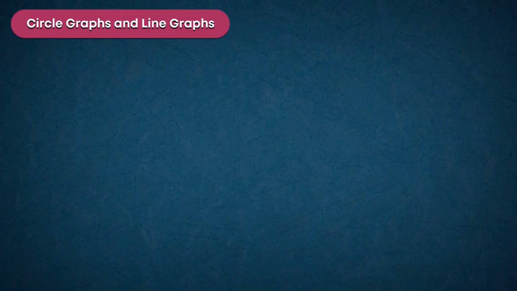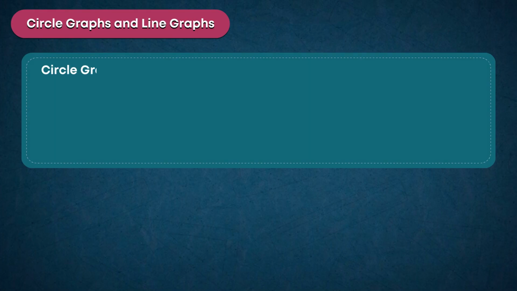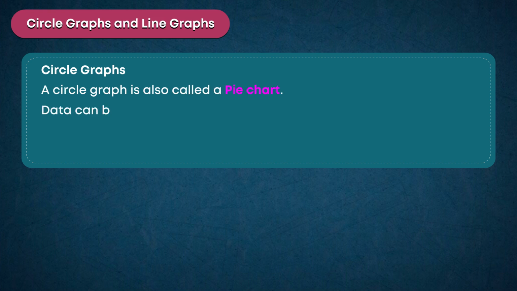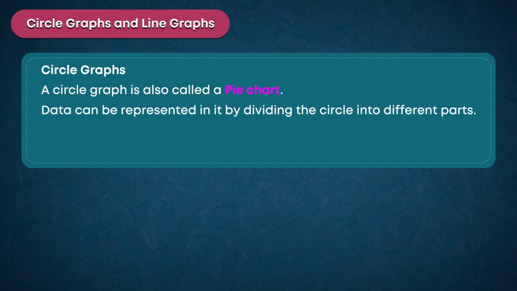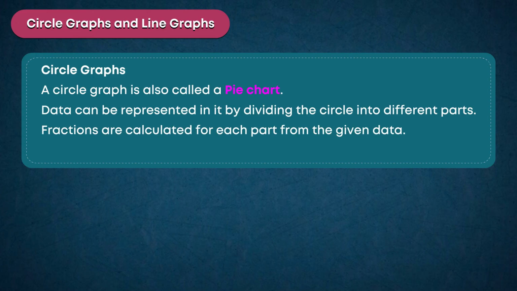Circle graphs and line graphs. Circle graphs. A circle graph is also called a pie chart. Data can be represented in it by dividing the circle into different parts. Fractions are calculated for each part from the given data.